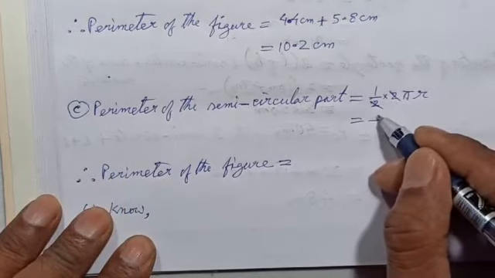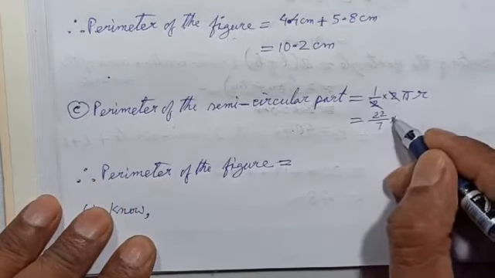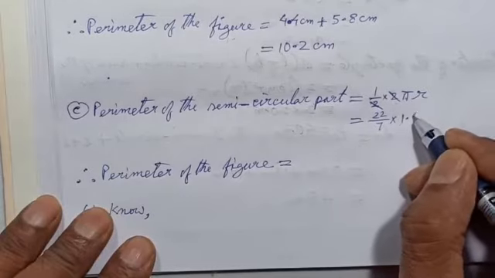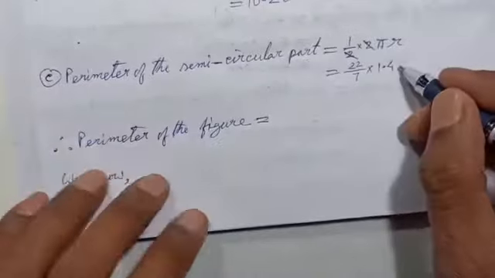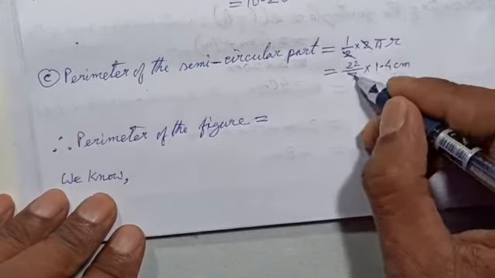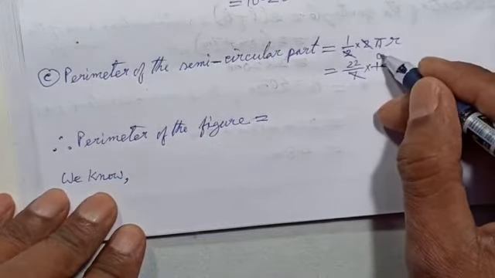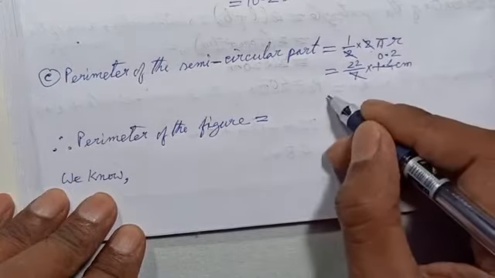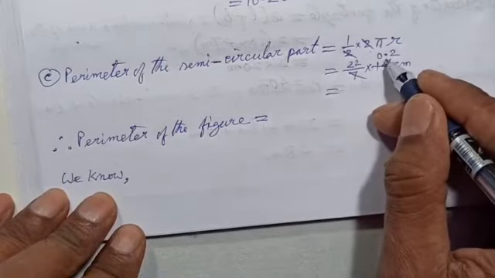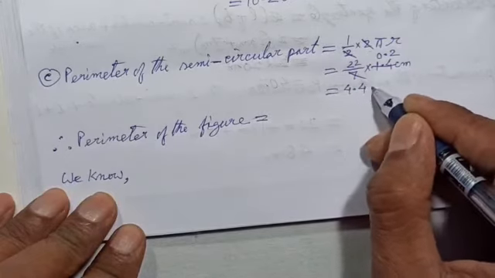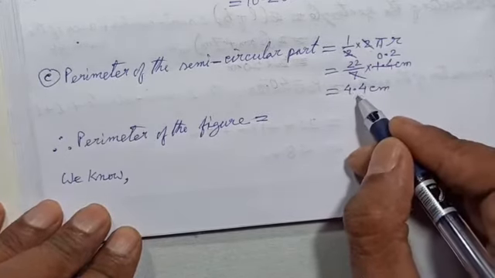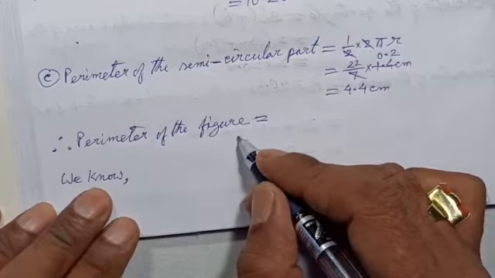We know that pi is 22/7 and the radius is 1.4 centimeter, and 7 times 2 is 14. Then 22 into 0.2 is 4.4 centimeter.